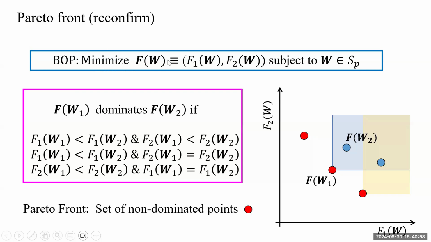The BOP is to minimize two objectives. And if W2 is in this region, where both F1 and F2 are larger, or either F1 or F2 is larger, then W1 dominates W2. And the Pareto front is the set of non-dominated points. These three red points are the Pareto front.